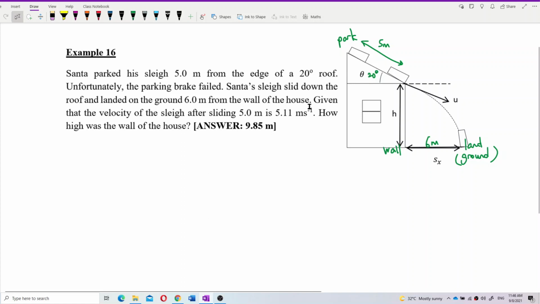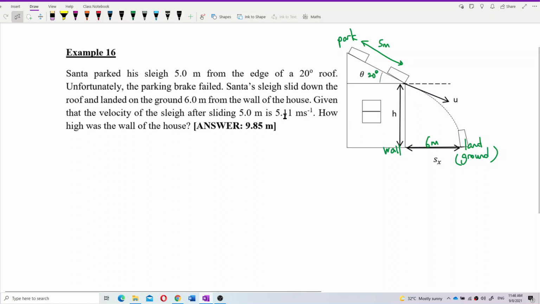So this 5.11 meters per second is the velocity after the sled slides 5 meters. That means this velocity is the velocity of the sled at the edge of the roof.